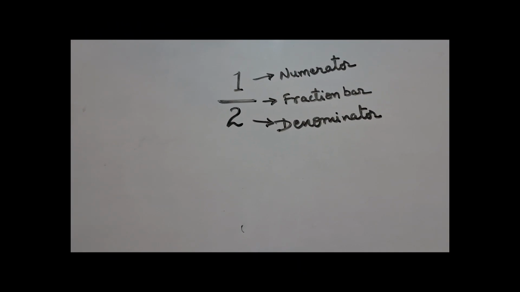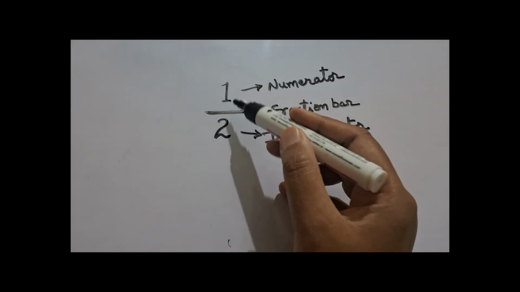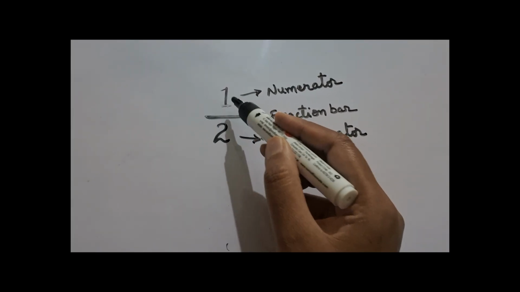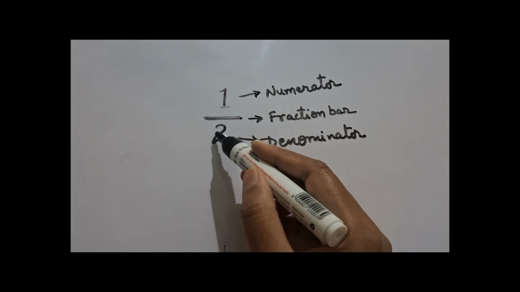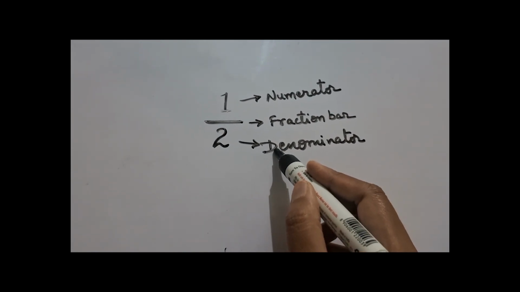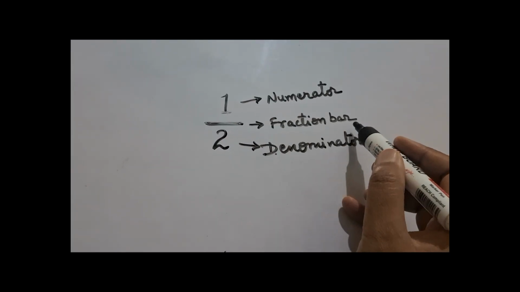Whenever we express a part of a whole, we need 2 numbers like this. One number is that part, and the down number is out of how many parts. This is called the denominator, this is the numerator, and this bar is called the fraction bar.